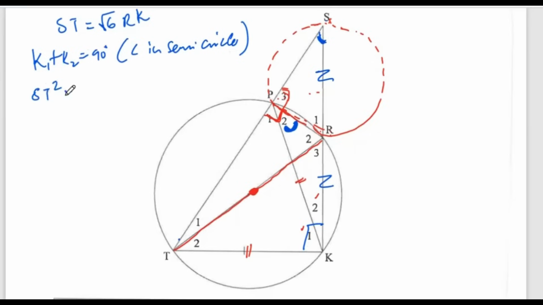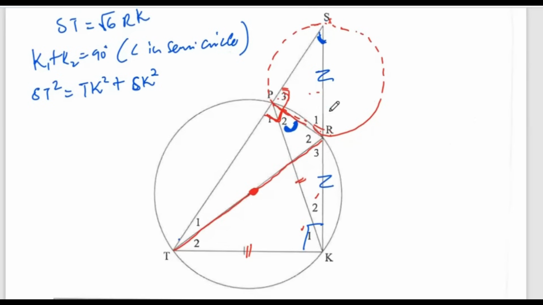We'll have ST squared is equal to TK squared plus SK squared. But before I go there, let me first look at this triangle, the PSR and the friend.